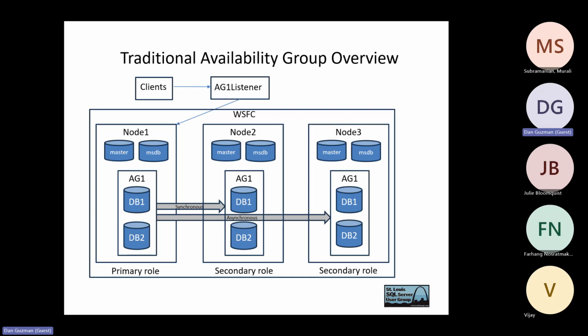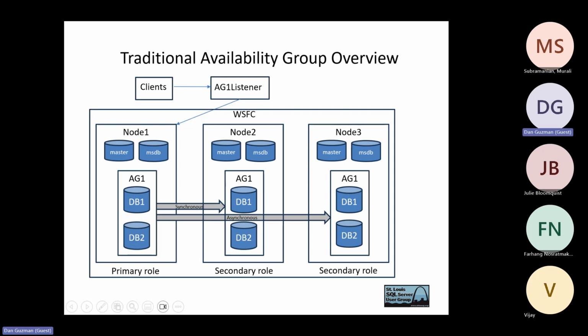And all the activity against the read-only replica occurs in snapshot isolation. So you won't end up with writers blocking readers and readers blocking writers on the primary node, as much. So that's really the traditional availability group overview.